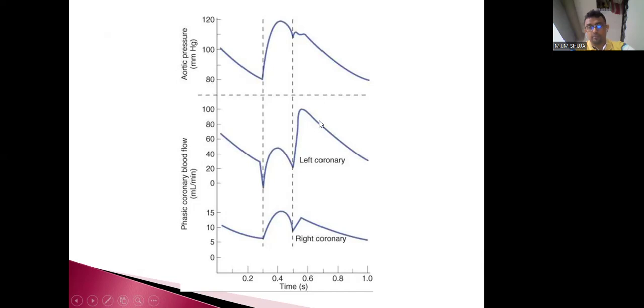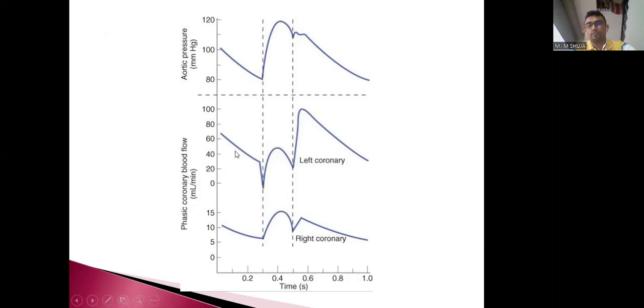Because normal coronary blood pressure is 100 to 120, but here during systole it comes to 14. So that means during systole the blood supply to the ventricle area is reduced, but during diastole it's maintained, mainly in the left ventricle. The right coronary supplies the other part, which is not affected by systole.